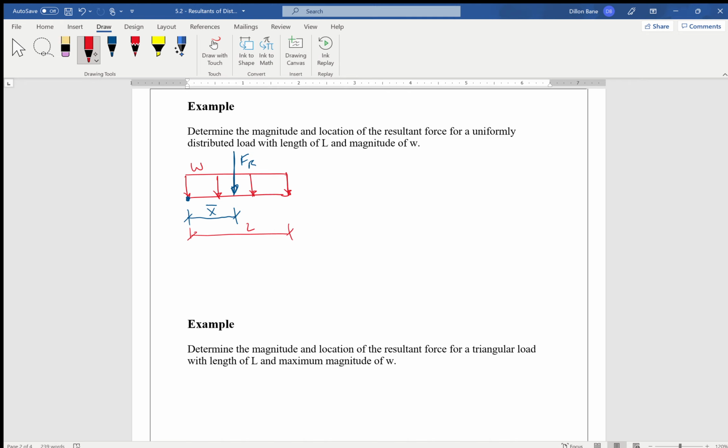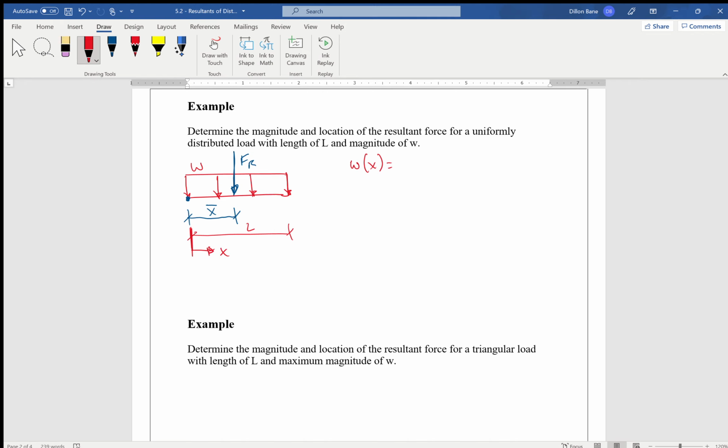So what is W of x? The easiest thing to do is always just start x on one side or the other. I'm going to start x at the left and go right.